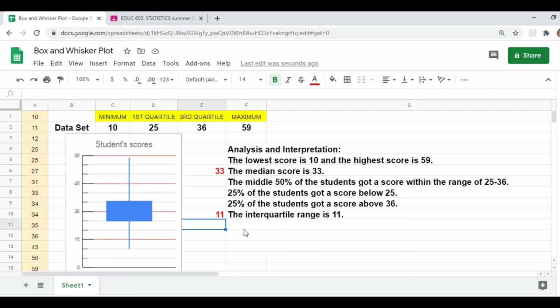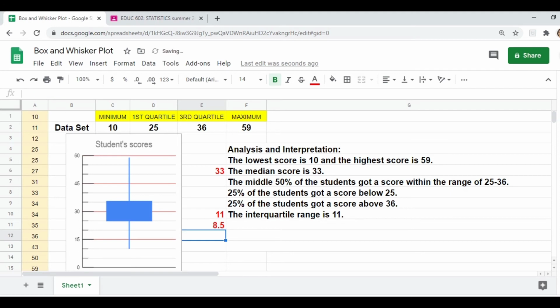So let's start with the boundary for the lower fence. To get the boundary of the lower fence, we can use the formula equals the first quartile value, 25, minus 1.5, where 1.5 is a constant, times the interquartile range, which is 11.